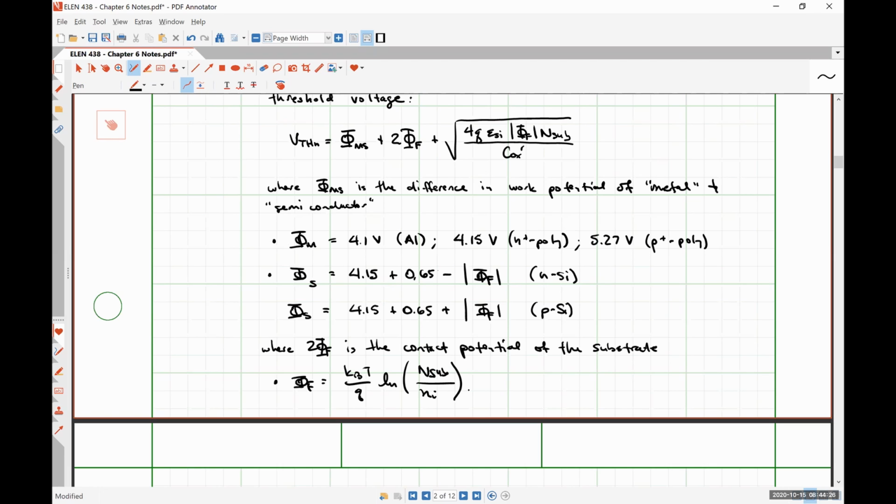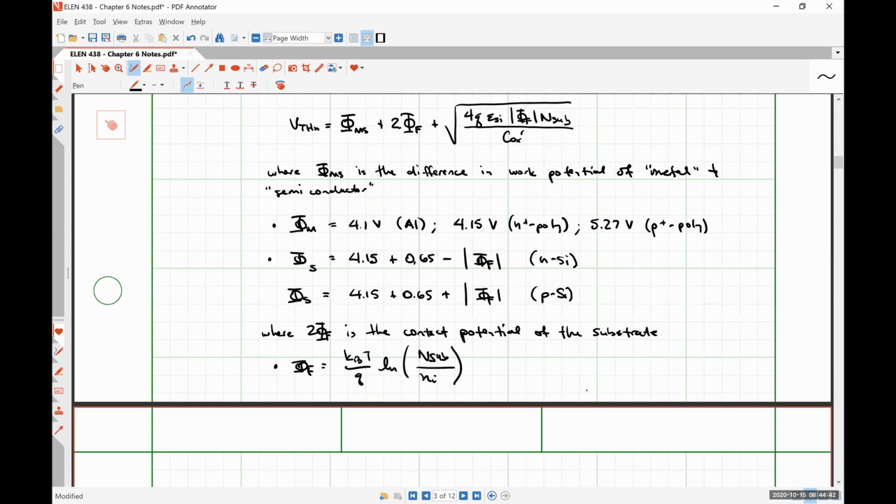And again, that's because our junction is one-sided. Our depletion region only has the negative ions. It's not a depletion region that has positive ions on one side and negative ions on the other. This is a one-sided junction.